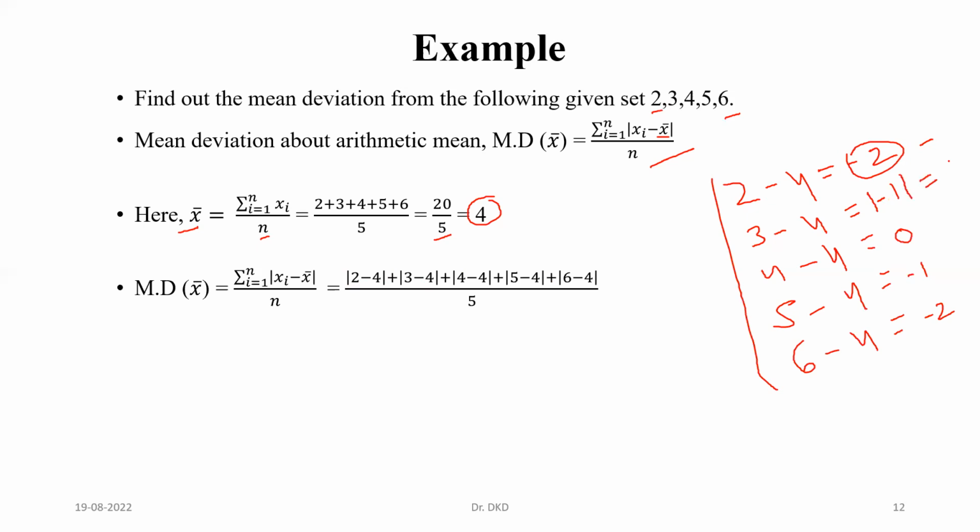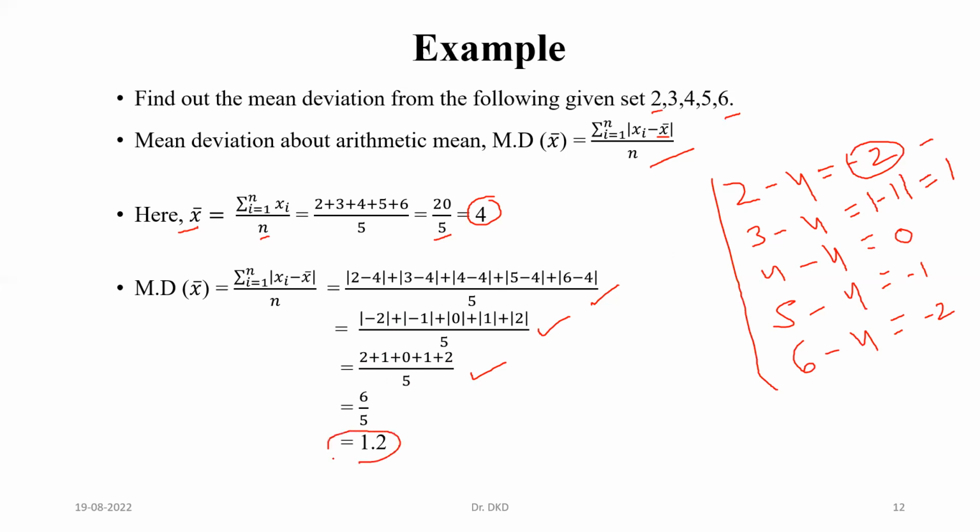So we get the same values, now positive: 2 plus 1 plus 0 plus 1 plus 2 equals 6, divided by 5 equals 1.2. This is the mean deviation value for ungrouped data. These are the basic, simple steps to calculate it.